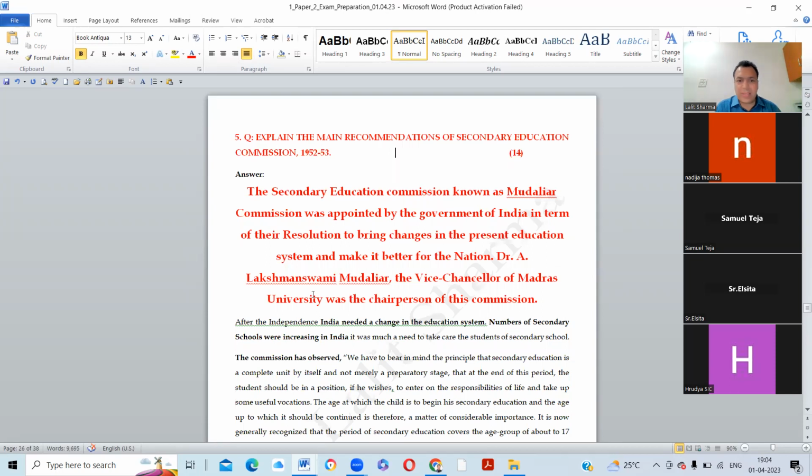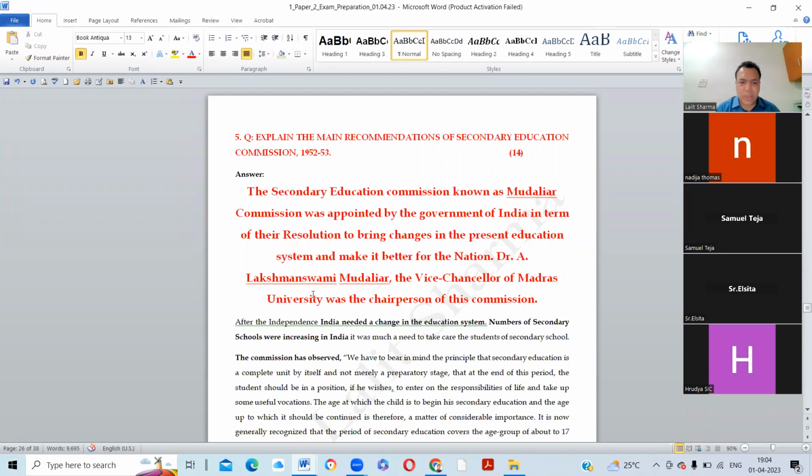Who was Mudaliar? The Secondary Education Commission, also known as the Mudaliar Commission, was appointed by the government of India in terms of their resolutions to bring changes in the present education system and make it better for the nation. Dr.